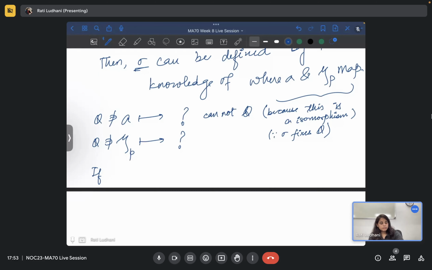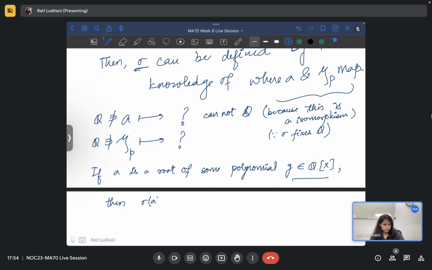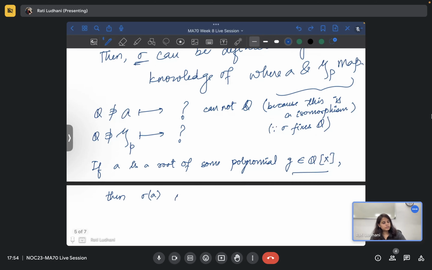Now let's see, there is one more thing we can use. If a is a root of some polynomial g in Q[x], and Q[x] is important, I'll explain why, then sigma of a is also a root of the same polynomial g.